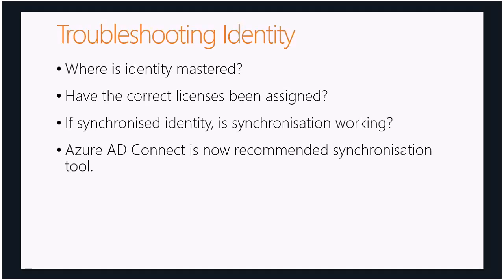The recommended software to use to synchronize from your local Active Directory to Office 365 is now Azure AD Connect. There is, like I said, the original DirSync. There is the Azure AD Sync, the newer tool, and we have run over that in a previous webinar. But the preferred tool today, if you are doing installs, and I generally would be recommending upgrading to the better tool, is Azure AD Connect.